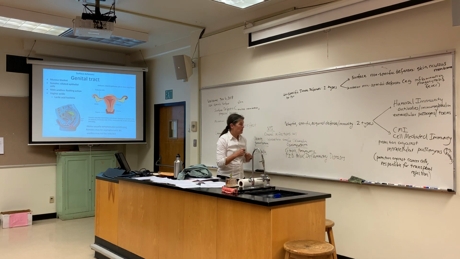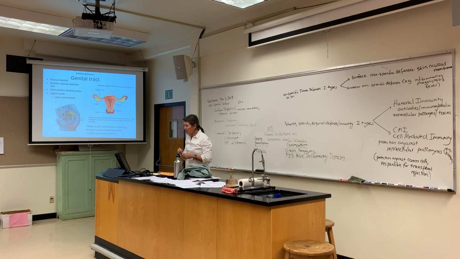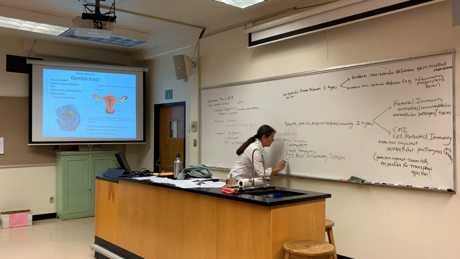And another consequence is if the inflammation, the infection goes on long enough, you can have permanent damage in the oviducts, like fibrosis here. And as a consequence, that might lead to infertility.